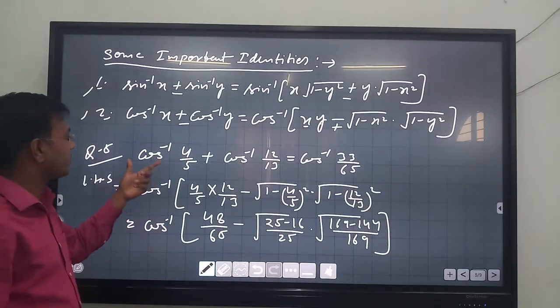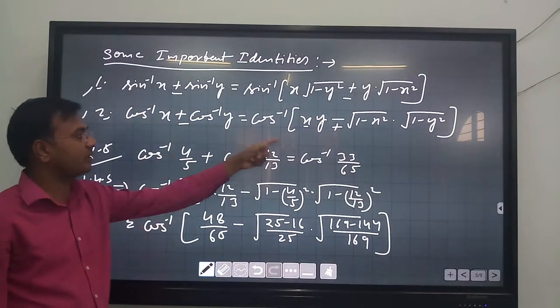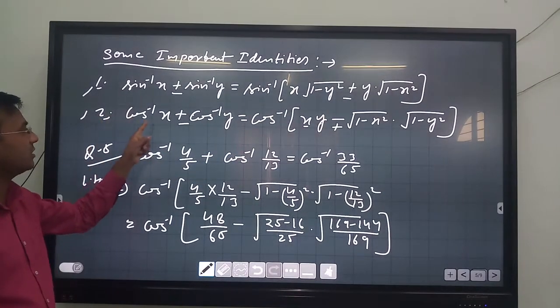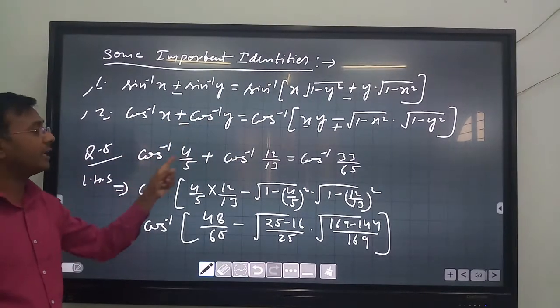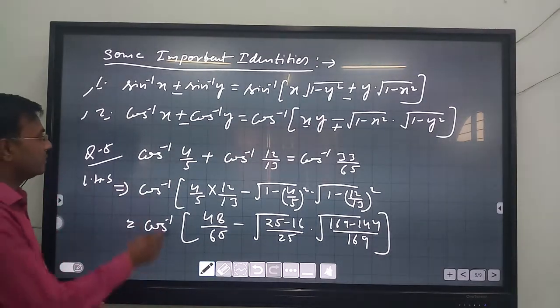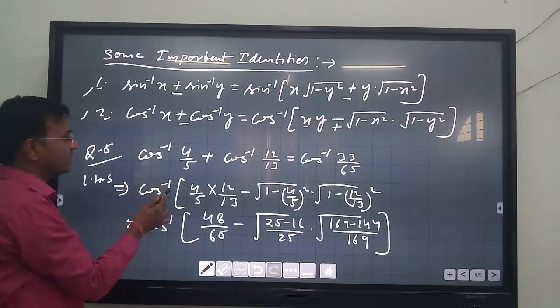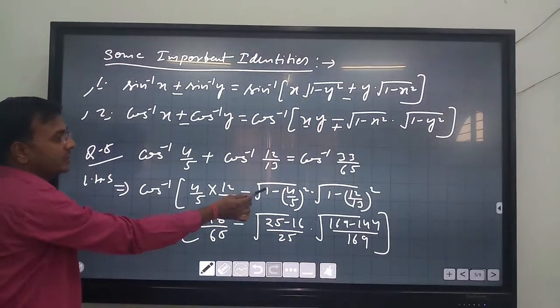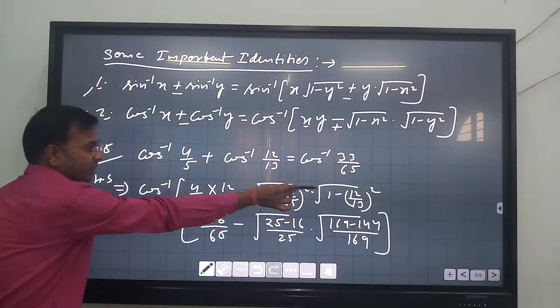Here the question is cos inverse x plus cos inverse y equals cos inverse of something. Clearly, identity number 2 for cos inverse x plus cos inverse y can be used here. This is x, this one is y, so cos inverse of xy minus under root of (1 minus x square) into (1 minus y square).